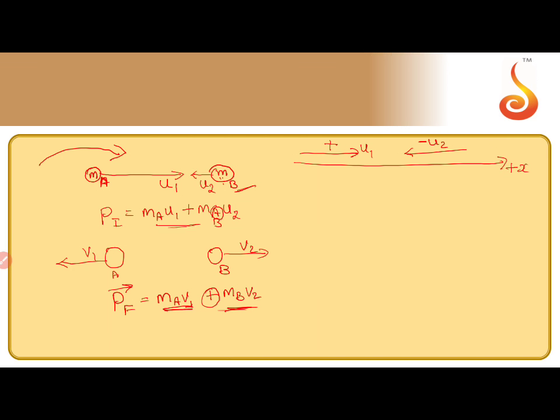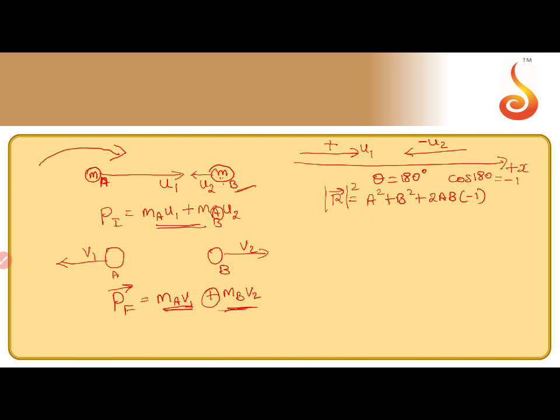When I am adding them vectorially, then theta is equal to 180, cos 180 equal to -1. Therefore, in your resultant formula, the magnitude of R squared will be equal to A squared plus B squared plus 2AB cos 180, which is -1.